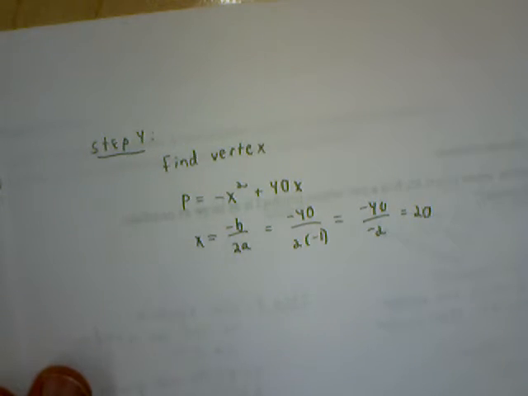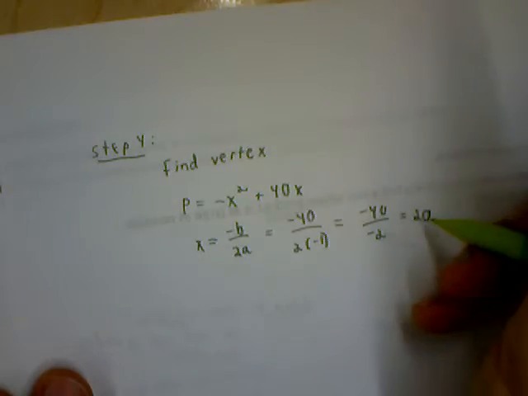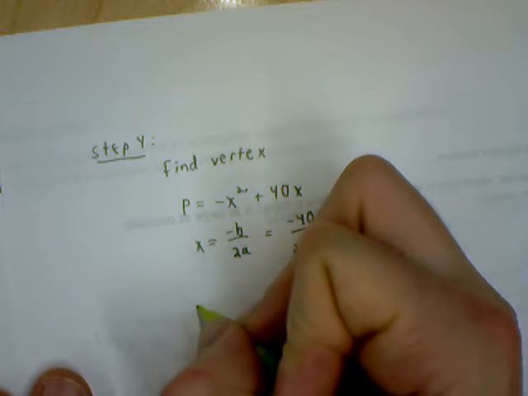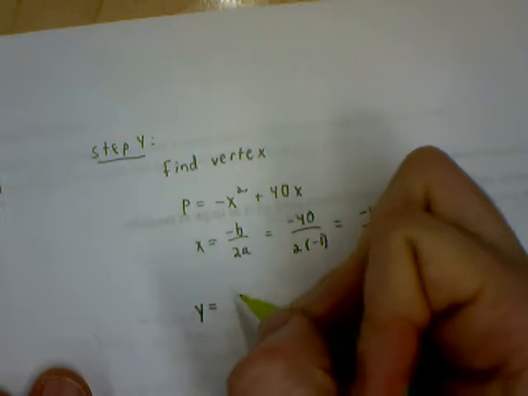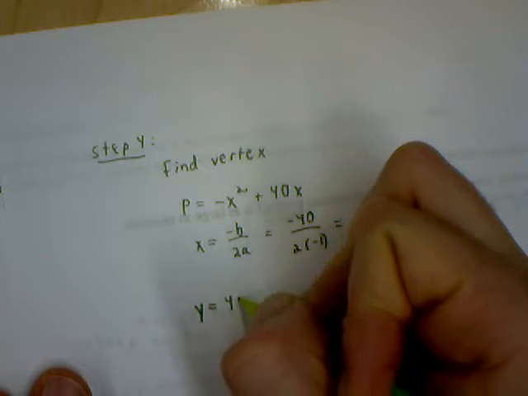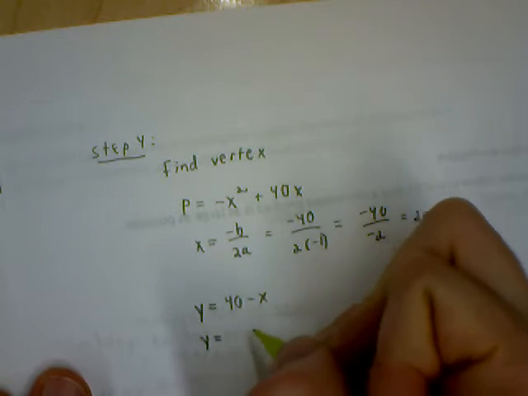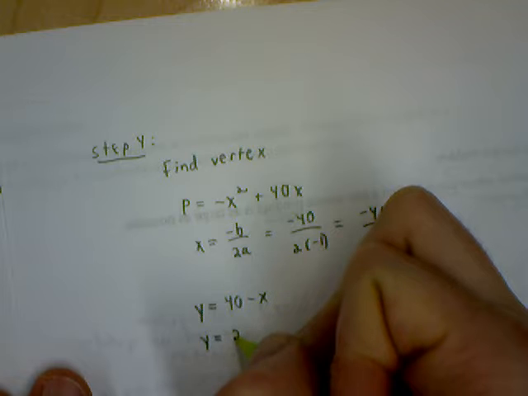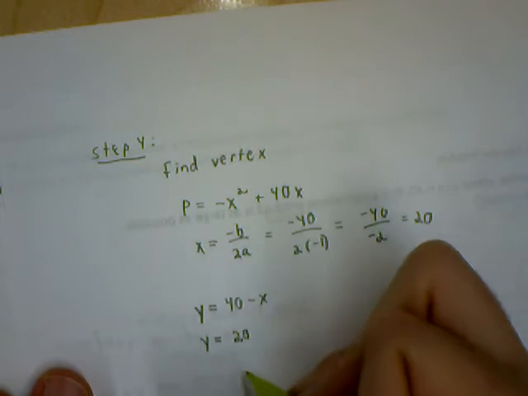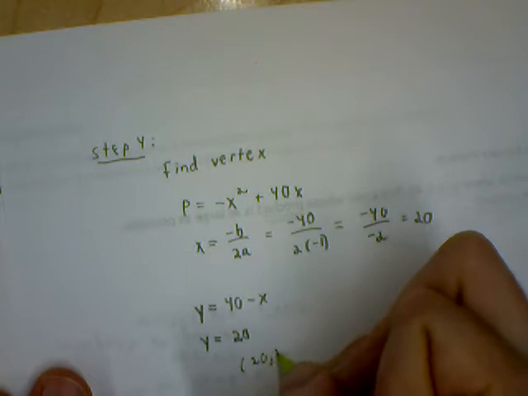The only trick here is that we go back to the other equation where we had y. Our other equation was y equals 40 minus x. So I'm going to plug in 20 here. So I have y equals 20. So my vertex is 20, 20.